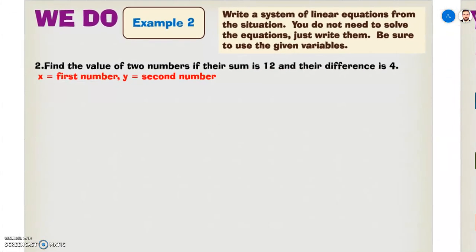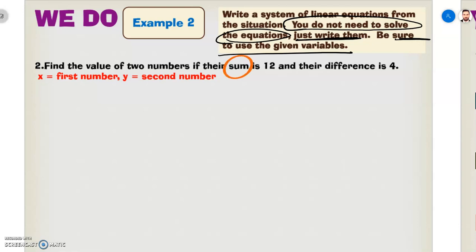Let's see. Write the system of linear equations from the situation given. You don't need to solve the equations, just write them. Be sure to use the given variables. Let's see. First of all, find the value of two numbers if their sum... Do you know what the word sum is? Sum means plus.